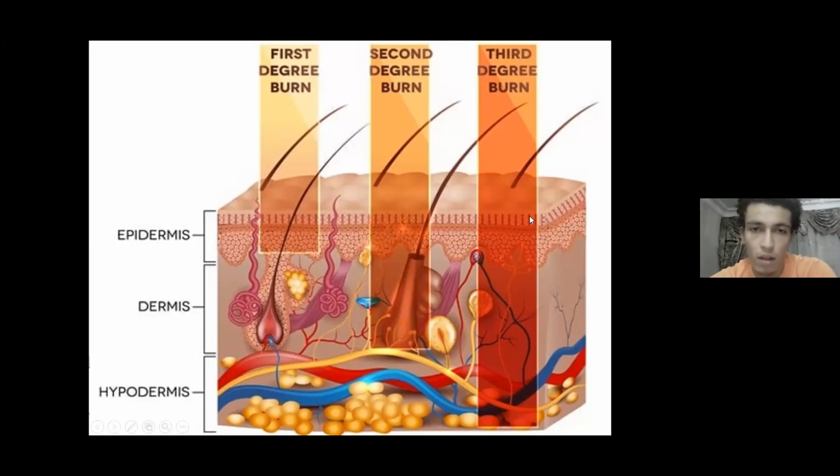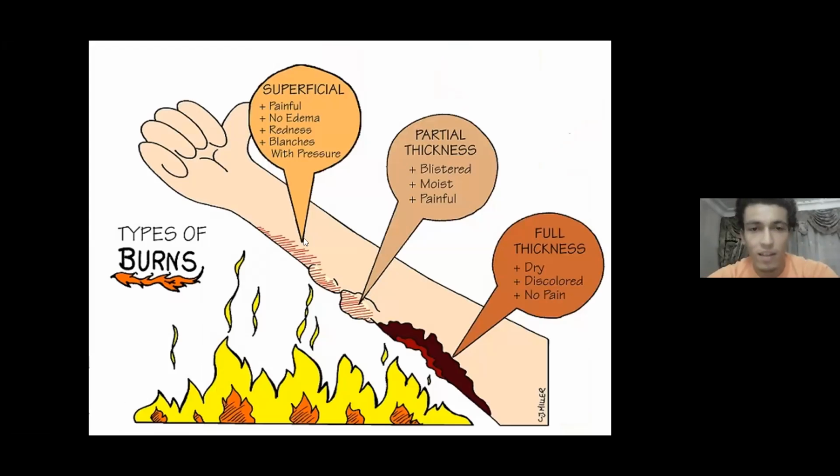As I said, this is more accurate. The superficial one, as you see, has no bubbles forming. The second one has blisters and bullae here. And the full one doesn't have anything, just like the skin was worn out. As you see, it's very black. You can see the bone if it reaches it.